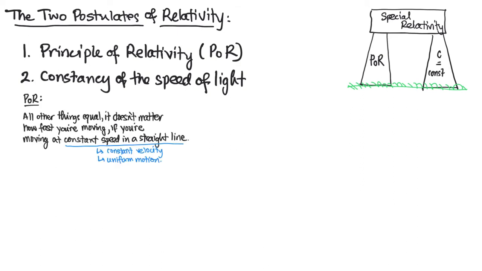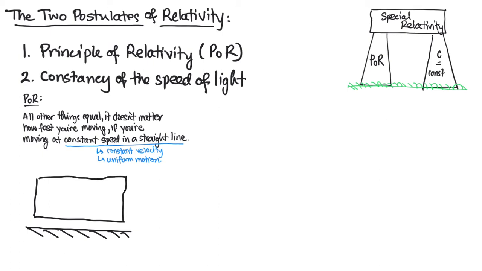So let's see this principle of relativity in action. Imagine you have the ground, and we'll have a train car, and we're going to put Alice on the train car. This train has wheels, and she has some box, and inside this box she's running an experiment.